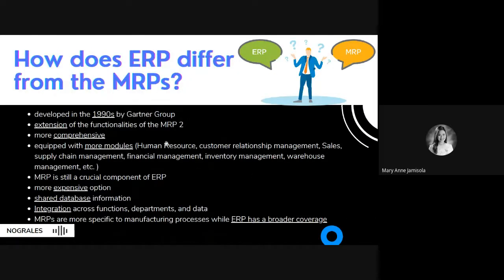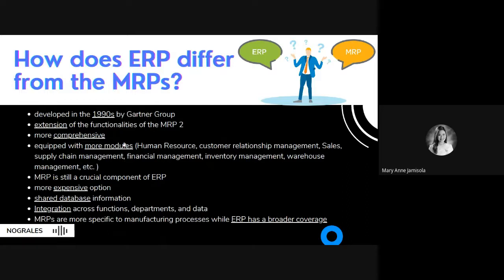So how does ERP differ from the two MRPs? ERP was developed in the 1990s by the Gartner Group. This is an extension of the functionalities of MRP2, and obviously, it is more comprehensive.